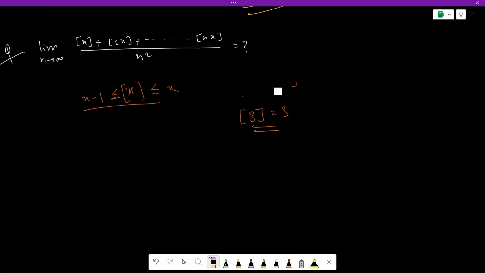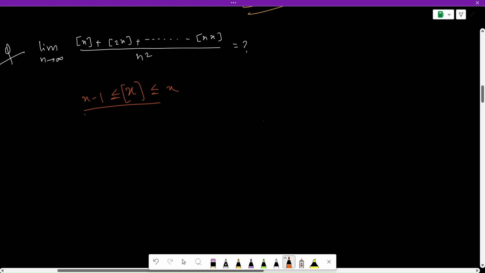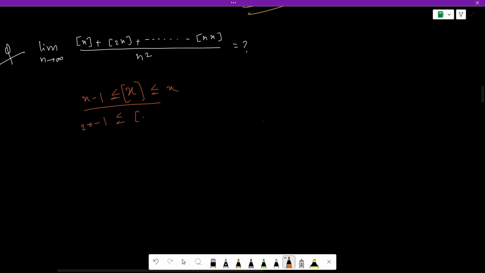Now let's write this for all of the terms that are in the series, that is 2x minus 1 is less than or equal to greatest integer 2x and less than or equal to 2x. Similarly, so on till nx minus 1 less than or equal to this and less than or equal to nx. Right, now let's add all of them.